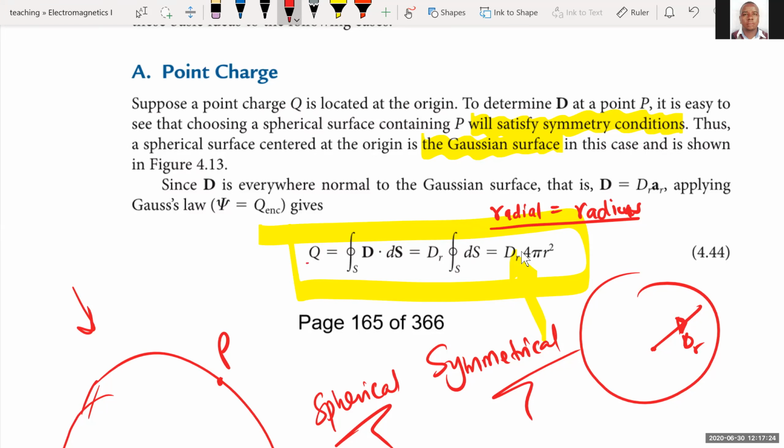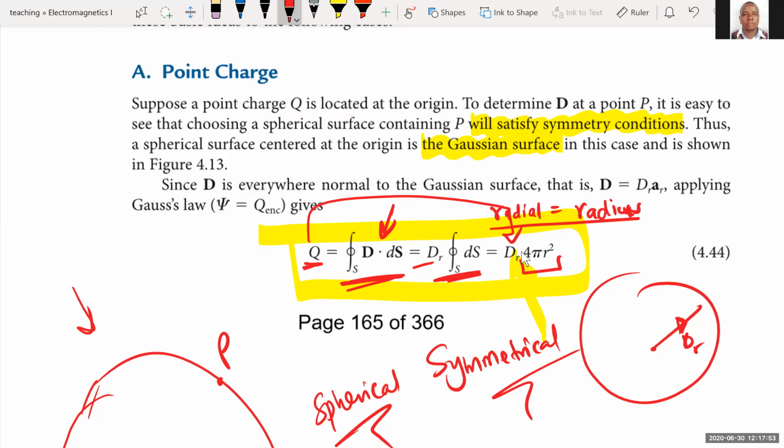Then the charge enclosed is simply given by this equation, and we know the dot product always gives us a scalar product, but since D_r is constant over the surface, we actually integrate over the surface, and the surface of a sphere is 4 pi r squared, and therefore Q becomes equal to this term.